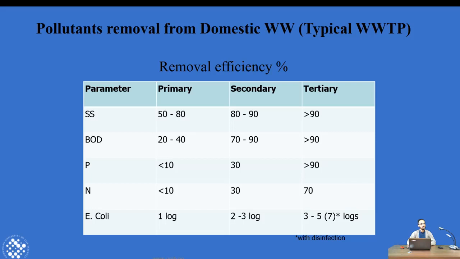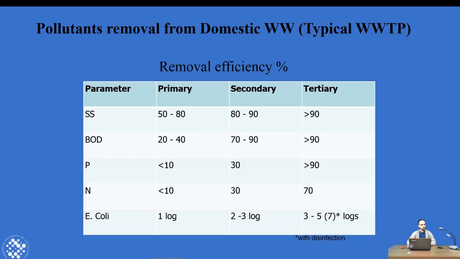At secondary, around 30% will be removed. At tertiary, more than 90% will be removed. For nitrogen compounds, at the primary treatment, less than 10% removal, and at secondary, 30%. After tertiary treatment, 70% will be removed.